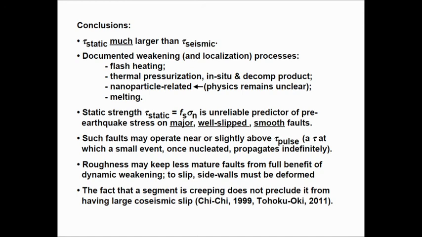And finally, the very important result, which fooled the Japanese in their planning for seismic safety for their nuclear plants: the fact that a segment is creeping does not preclude it from having a large co-seismic slip, and precisely that happened in the northern part of the Chi-Chi earthquake and in the part of the Japanese Tohoku earthquake further from land and closer to the trench.